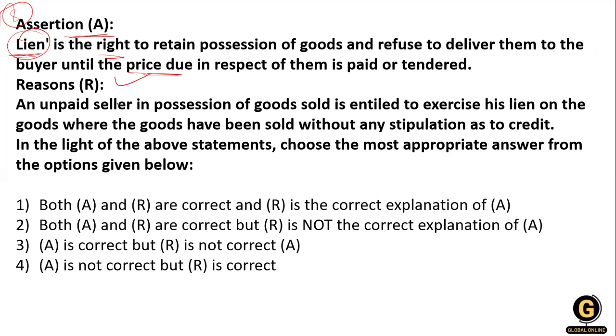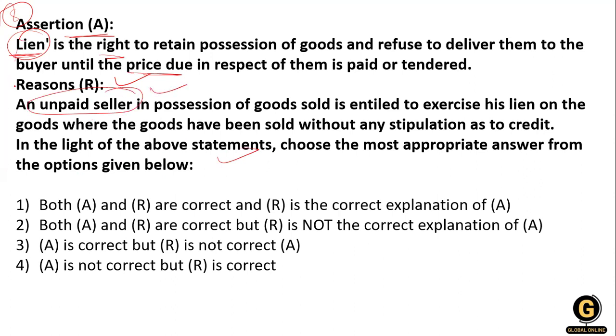The reason given: an unpaid seller in possession of the goods sold is entitled to exercise his lien on the goods where the goods have been sold without any stipulation as to credit. This is also true because this is an unpaid seller.